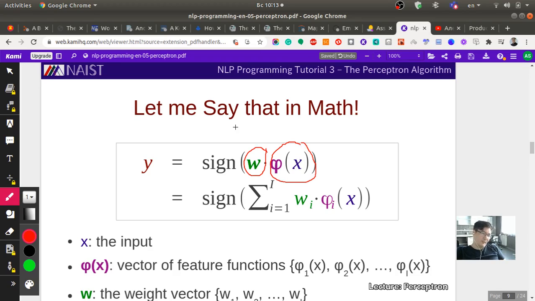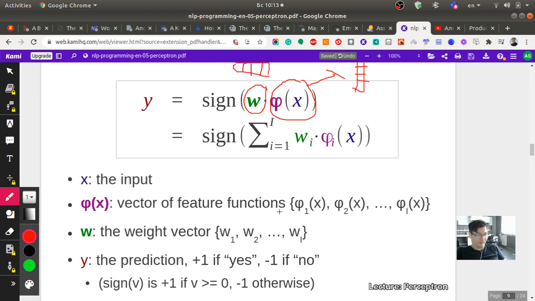So this w is some vector. This is also a vector, the vector of features. You multiply and you get a number. If you don't use vector notation, you can do it like this. It's actually the multiplication of this vector by this vector. You can represent it as a sum.